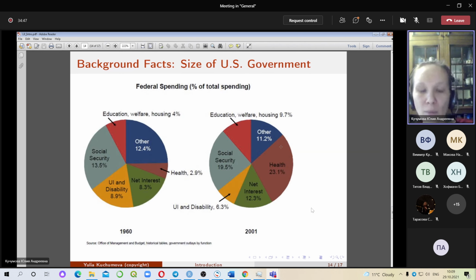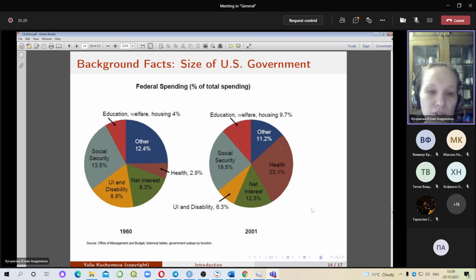Then if we go back to this slide, we see the governmental programs on which governments spend their money. You see social security, which is basically pension, what we in Russia call the pension fund.